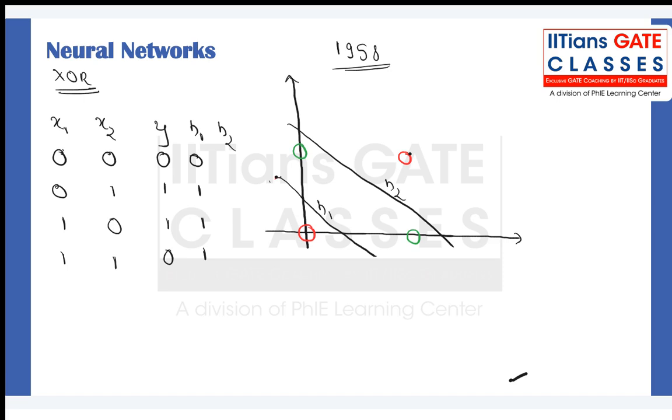Hold on, because if you see the line, it's an AND gate, but it is actually the opposite of it, which means it's a NAND gate. It's an AND gate, which means the point above this class line should have been green, so that it's 1, but in this case it's 0. So it's a NAND gate. It's a NOT of an AND gate. So H2 is nothing but the NAND gate.